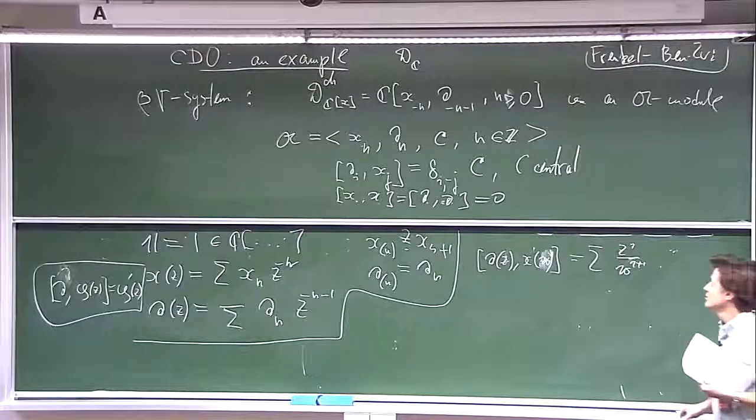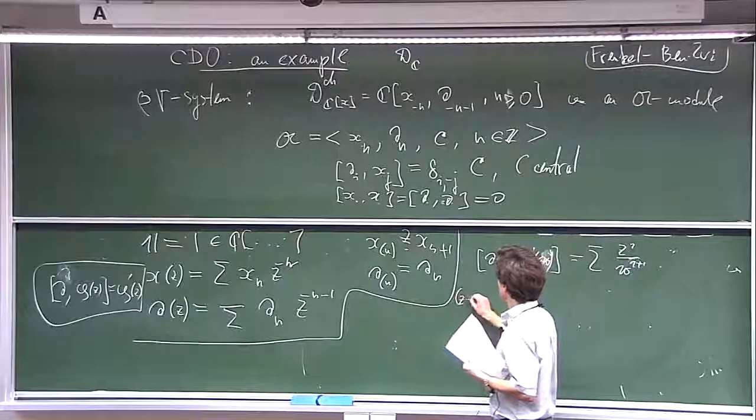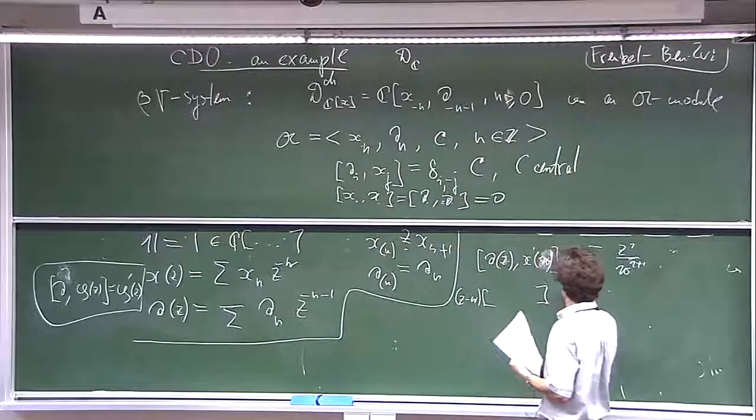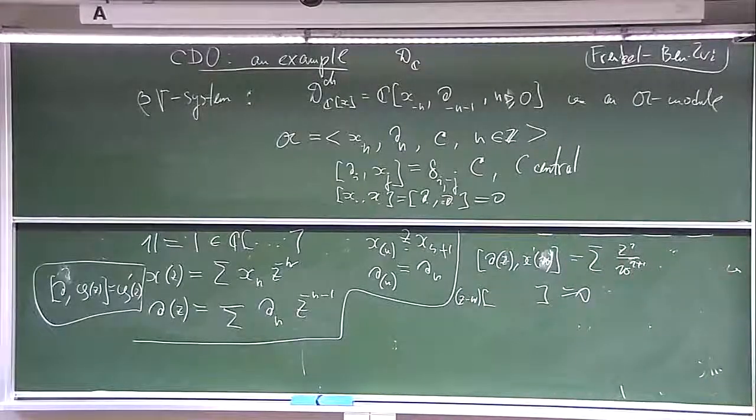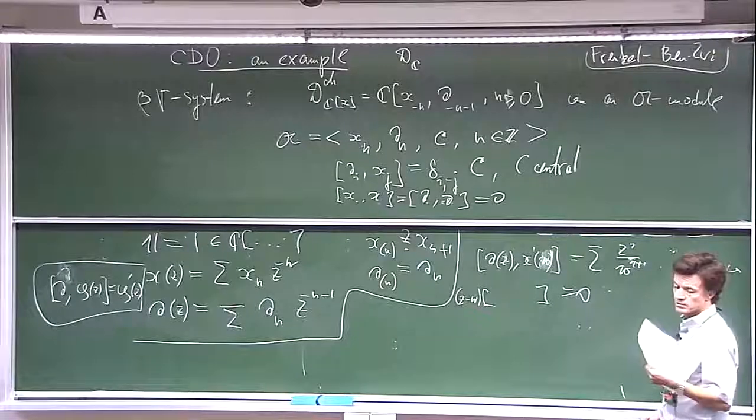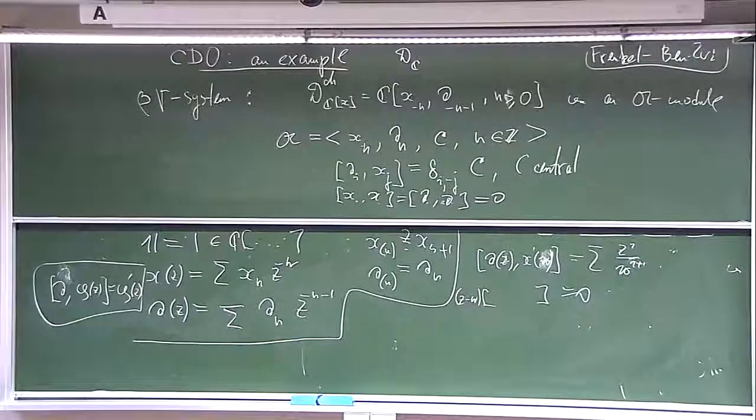And so times z minus w, this thing is 0. And this is more or less what one had to verify. So that's just an algebra.